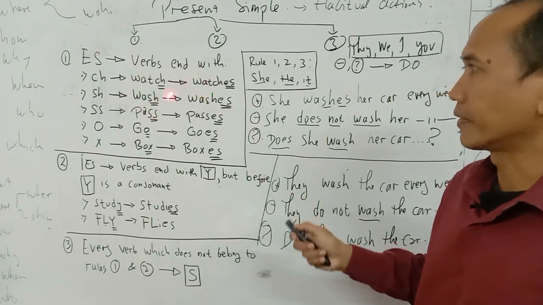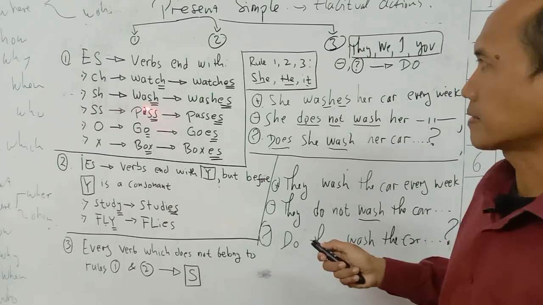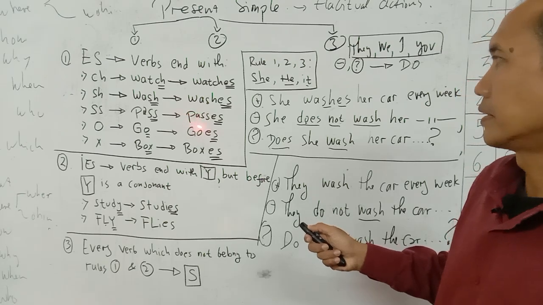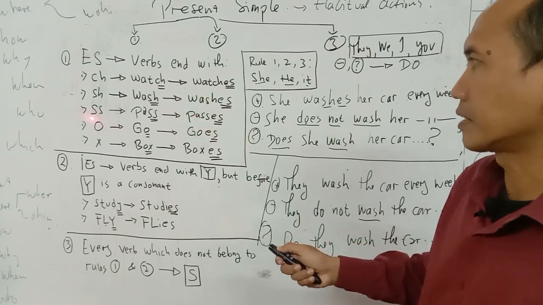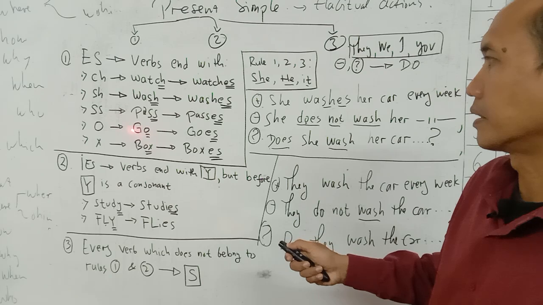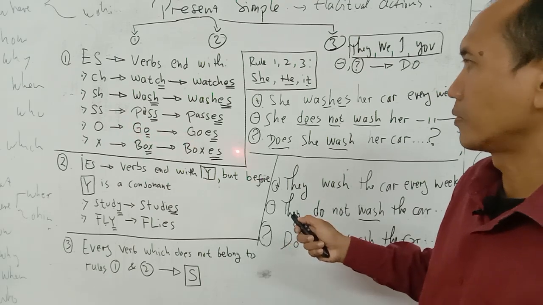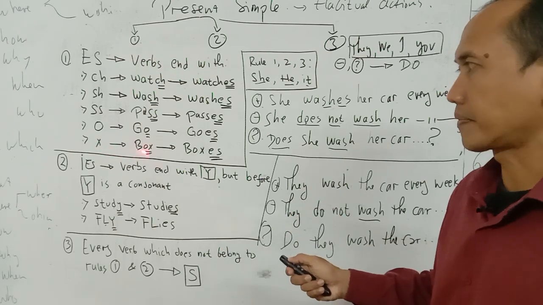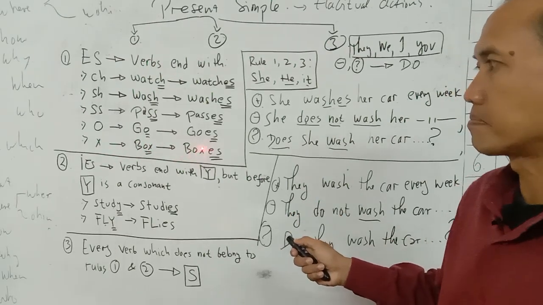When a verb ends with ss, double s, like pass, you write passes. And o, like the word go, it becomes goes. And when a word ends with an x, like box, it becomes boxes.